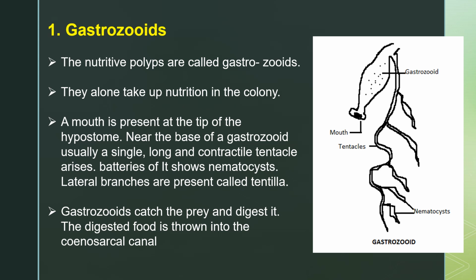Near the base of a gastrozoid, usually a single long and contractile tentacle arises. It shows nematocysts. Lateral branches are present which are called tentilla. Gastrozoids catch the prey and digest it. The digested food is thrown into the coenosarcal canal.